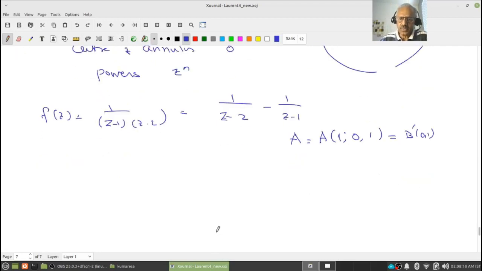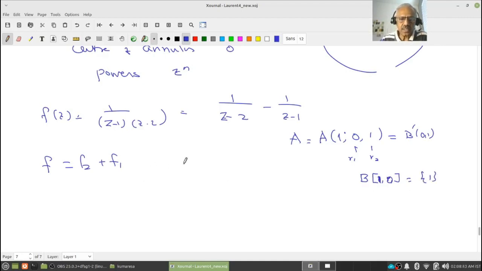Okay, so what is my R1? This is my R1, this is my R2. So what I am looking for, I want f equal to f2 plus f1. So f1 should be holomorphic outside this, that is B(0, R1), B(1, R1), which is nothing other than the singleton 1.